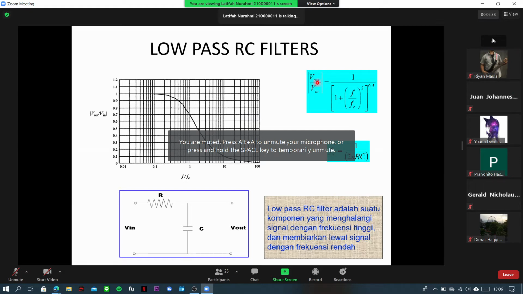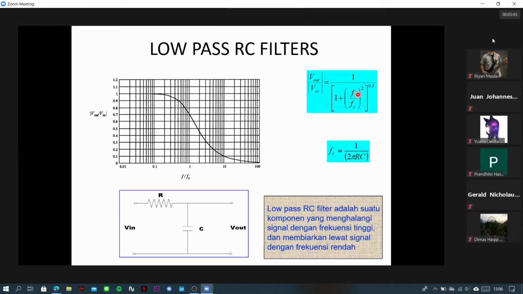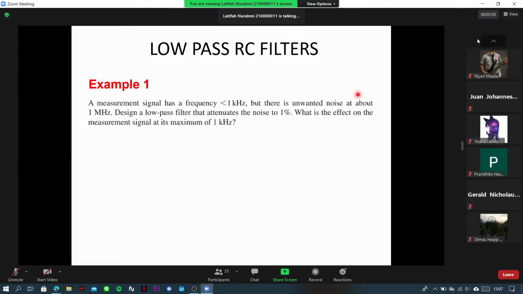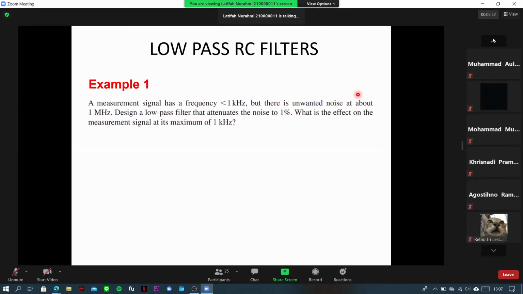Either we can find the output voltage or the frequency. Let's see one example of the low pass filters.